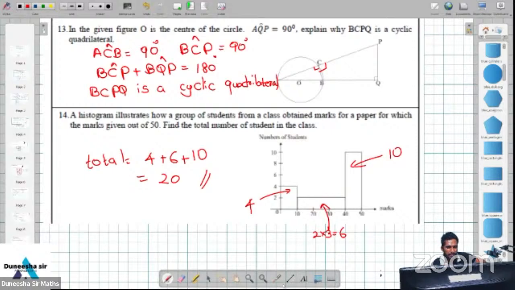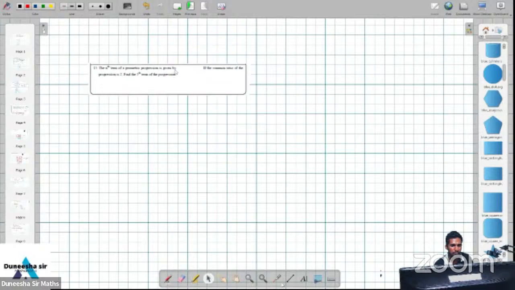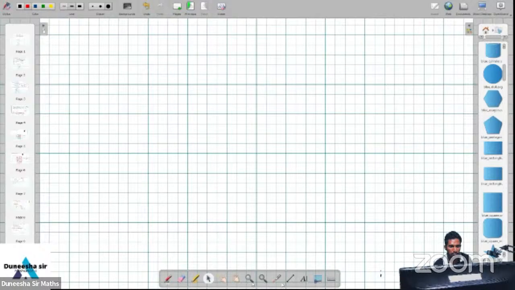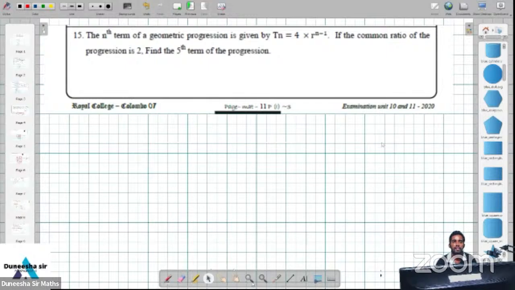If you finish now, raise hand. Okay, nth term of the geometric progression is given by Tn equal 4 multiplied by R^(n-1).